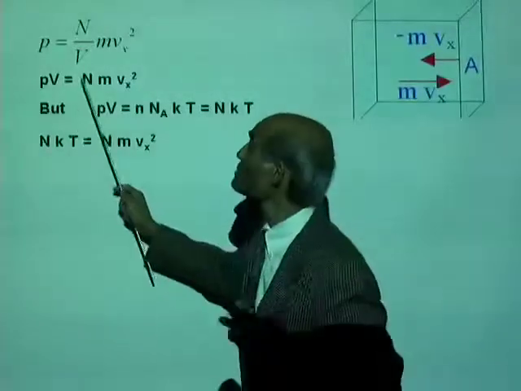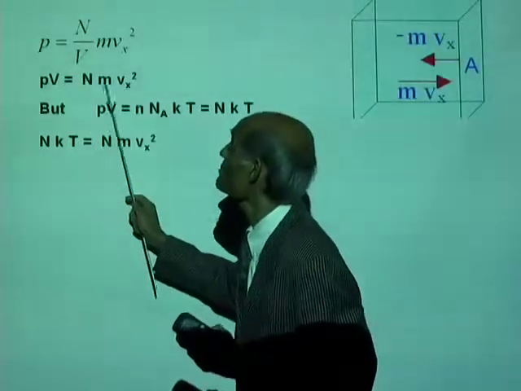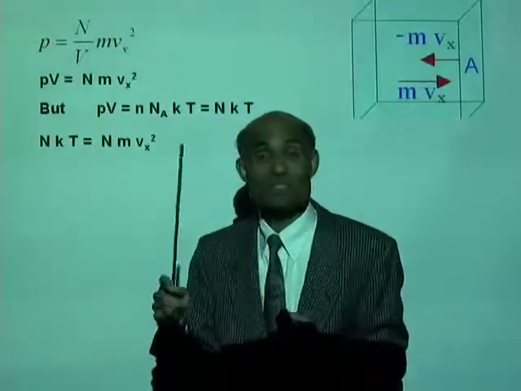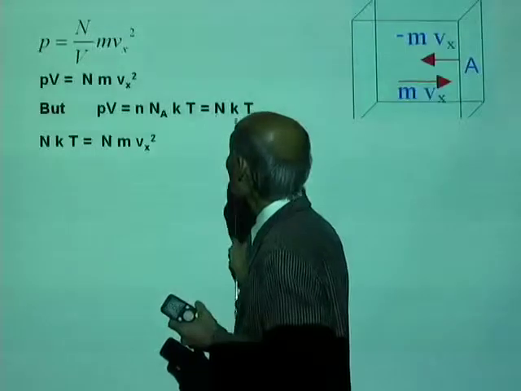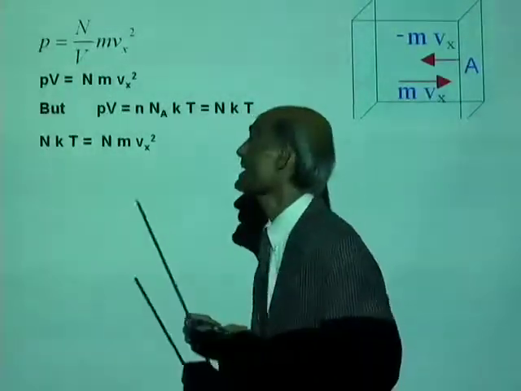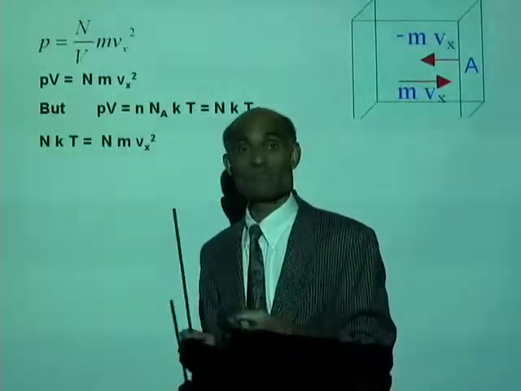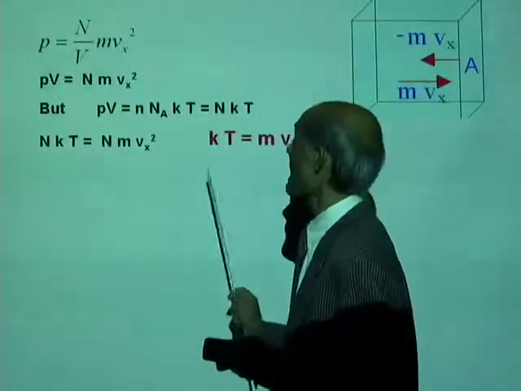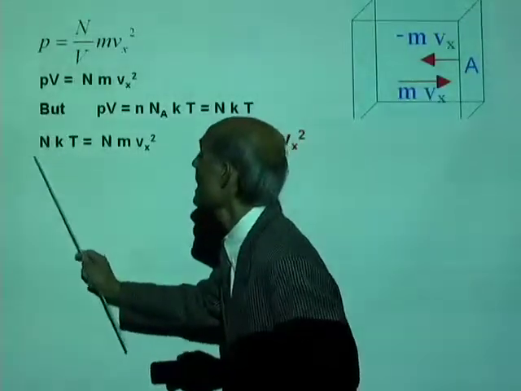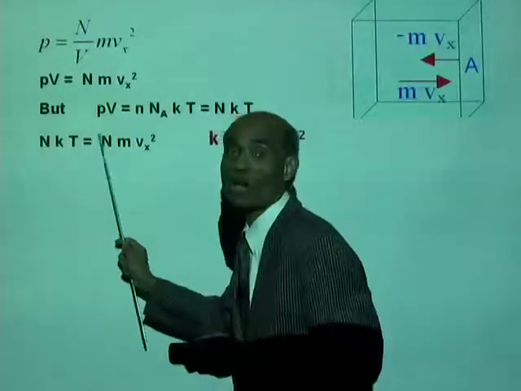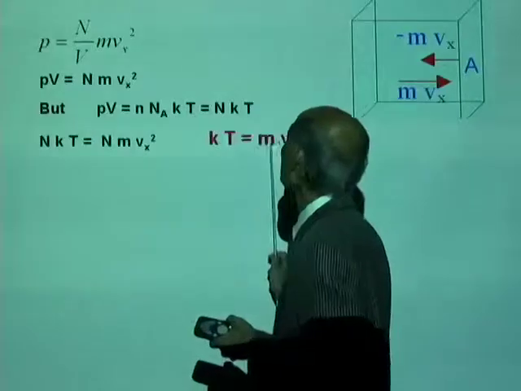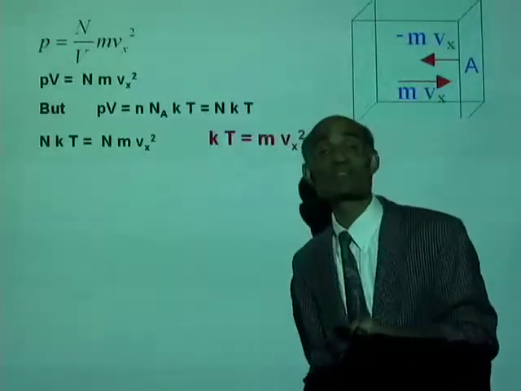From our assumptions, we obtained PV equals N m vx squared. So, if our assumptions are right, then NkT must be equal to N m vx squared. Is that right? Okay. That means k times T equals, the big N, the number of molecules on each side, will cancel. We get k times T equals m vx squared.